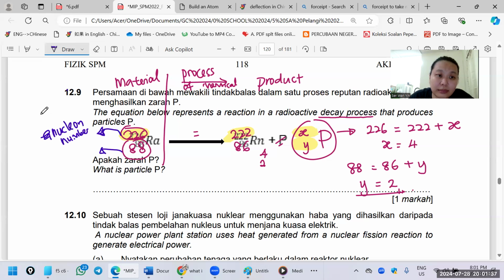Nucleon number means the number of proton plus neutron. The other one is actually proton number, not electron number.